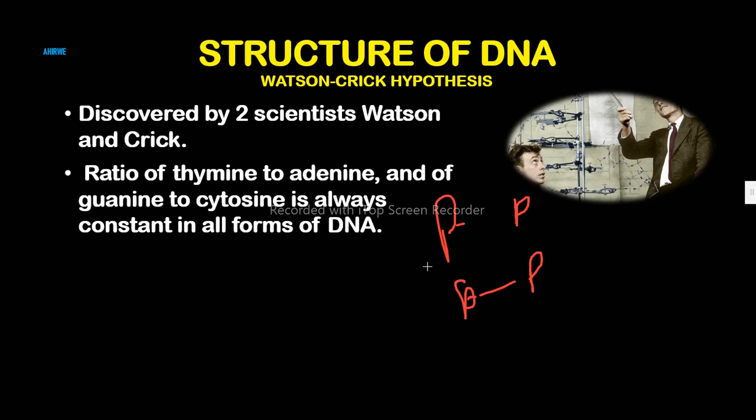But when these guys studied the ratio of adenine and thymine and that of guanine and cytosine in the DNA, they found out that the ratio was always constant. Okay? The amount of thymine and adenine were almost the same. The percentage was almost the same.